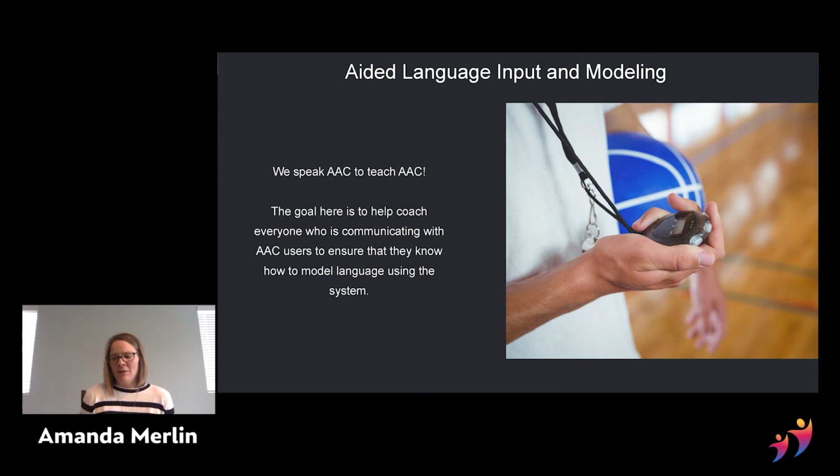So learning a new language always involves a significant amount of listening and seeing that language, being immersed in the language before we start to speak and use that language ourselves. Modeling helps us learn the system. It's going to help the kids learn it as well. It's going to increase motivation on both parts. We are going to see so many more moments of connection.